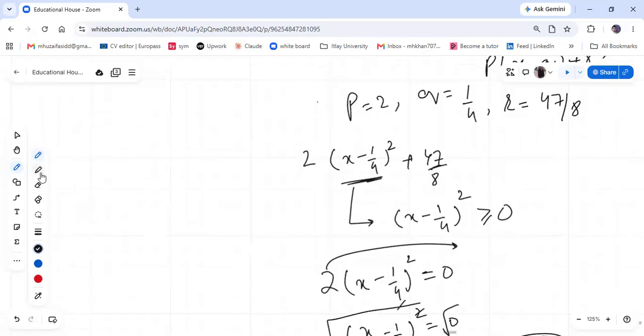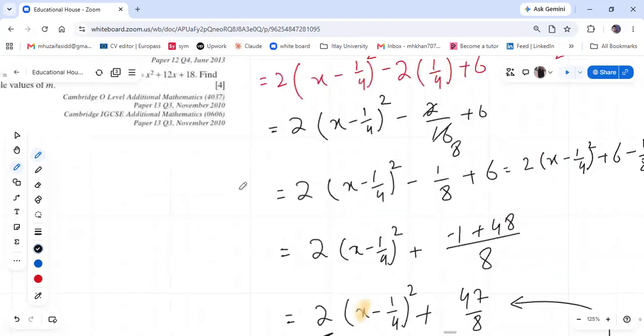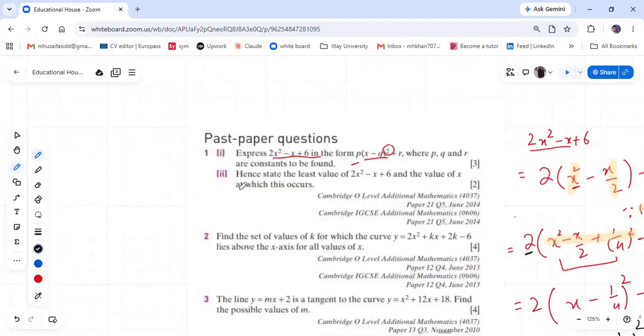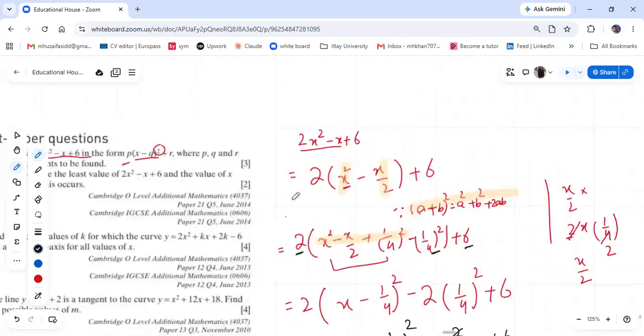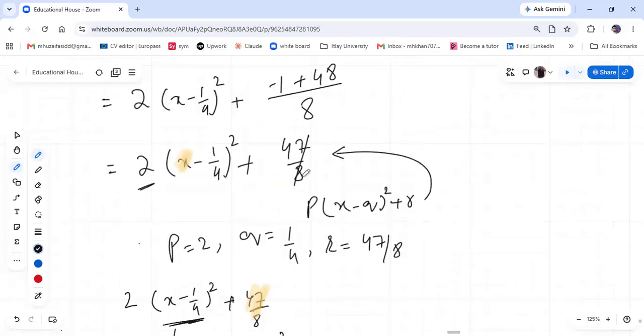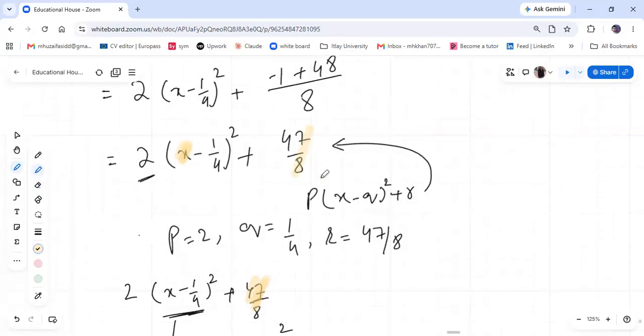Mostly students can be confused about this term. What will this term be? I'm not using it, because if I go back to our question, you can read it again carefully. It states the least value of 2x squared minus x plus 6, and the value of x at which this occurs. So this is the extension of our x.